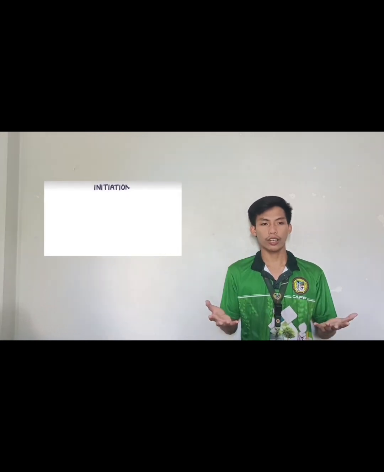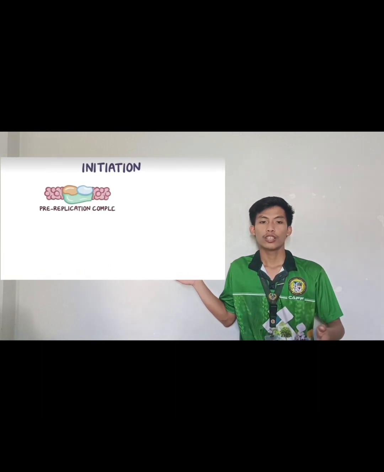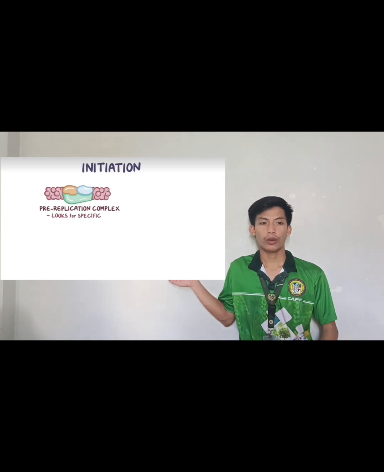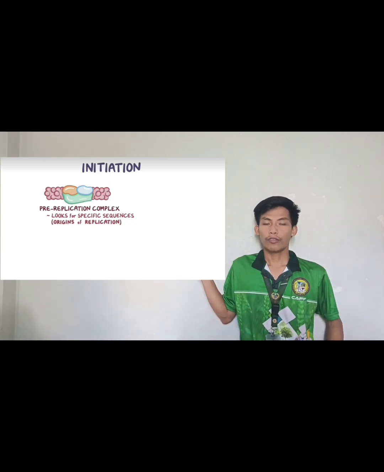Initiation kicks off when a group of proteins gets together to form the pre-replication complex, which looks for a specific sequence in the DNA strand called the origin of replication.